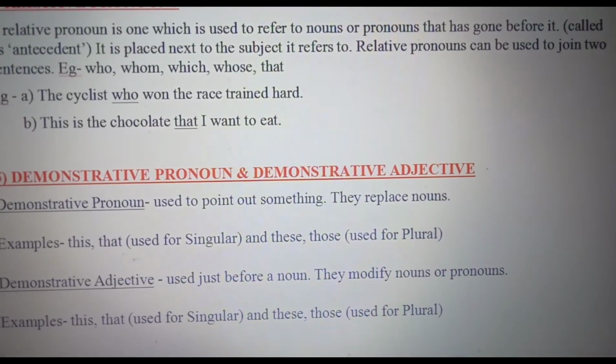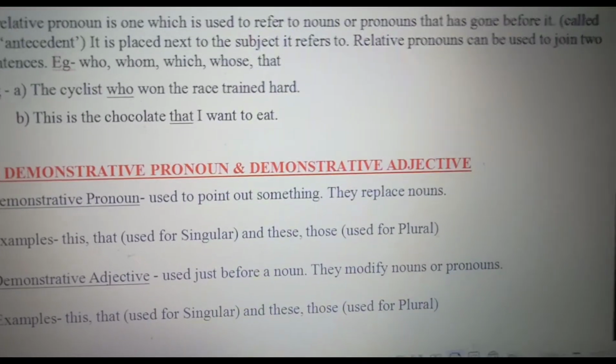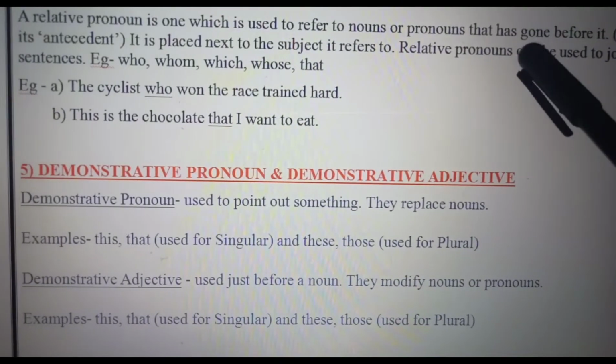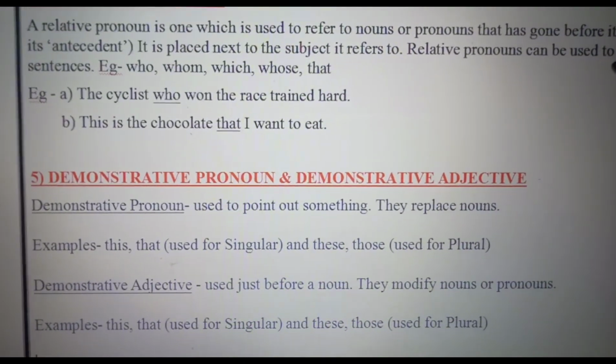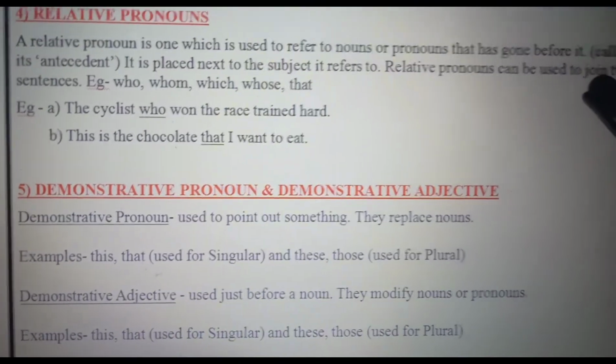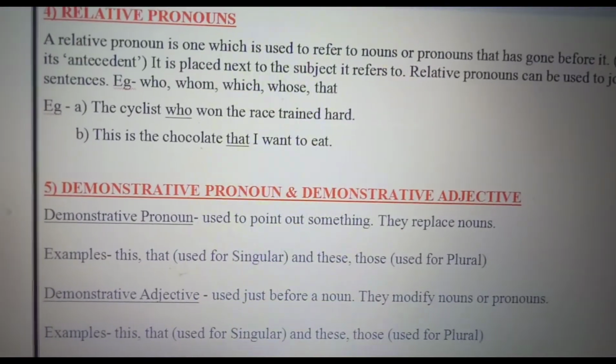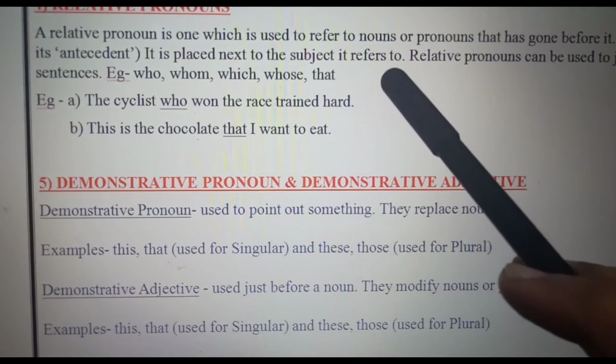Now what are relative pronouns? A relative pronoun is one which is used to refer to a noun or pronoun that has gone before it, which is known as its antecedent. It is placed next to the subject it refers to.